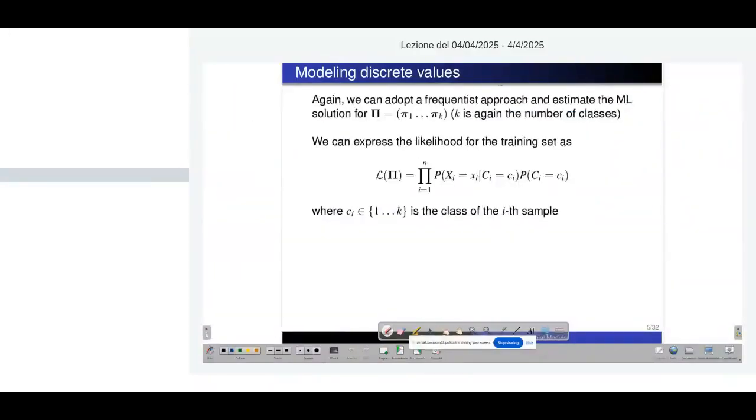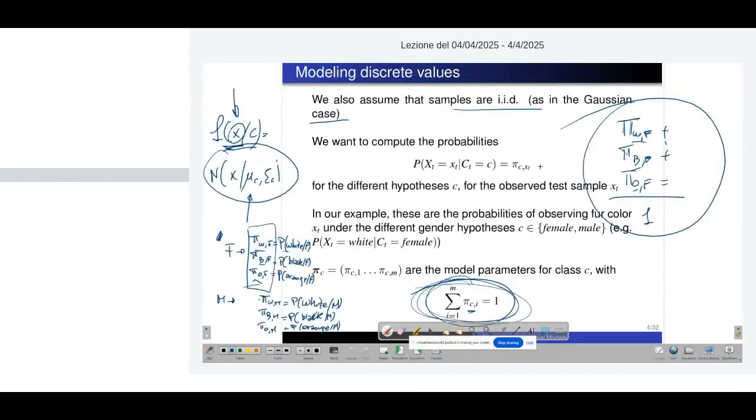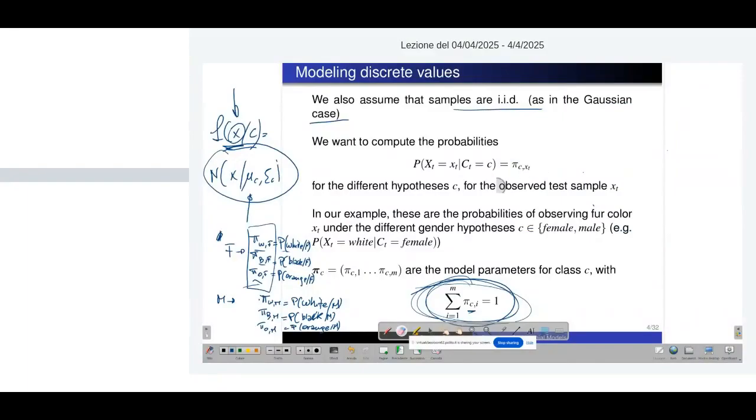Now, we have defined the model. Once we know the parameters, we will see that we can use this to make inference. How? Well, let's imagine that I have a cat, and we will see it again in the slides, but let's imagine that I have a cat that is orange. How can I predict its class?